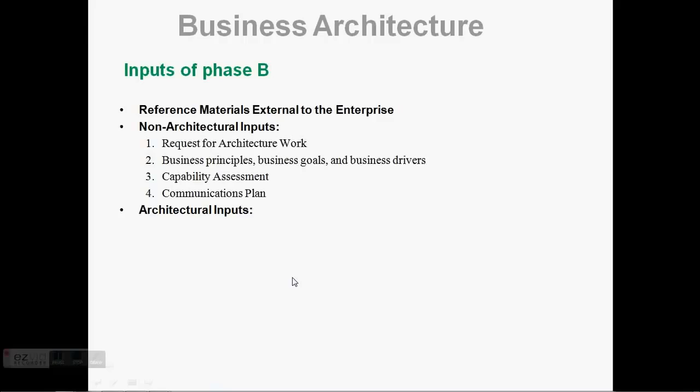We also need to answer the question of where capability gaps exist between what we mentioned, the existing baseline, and the future goal or future view of the enterprise.